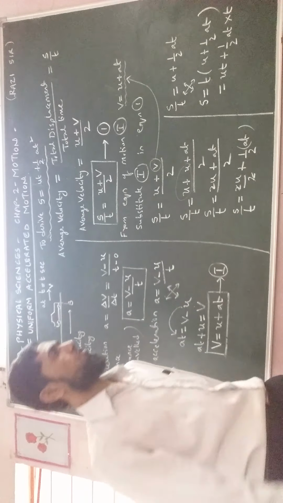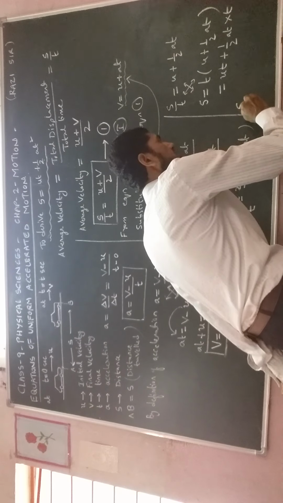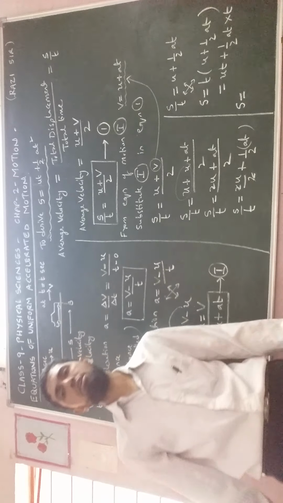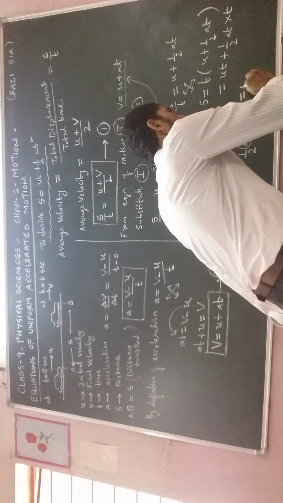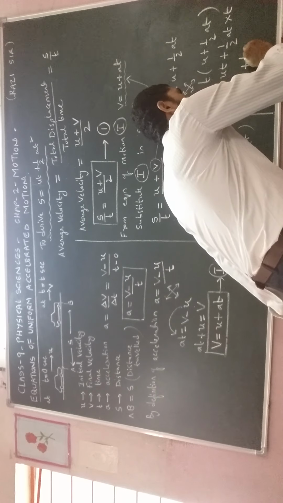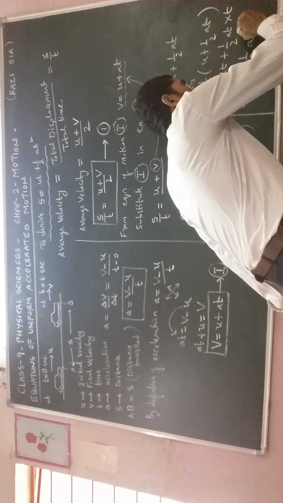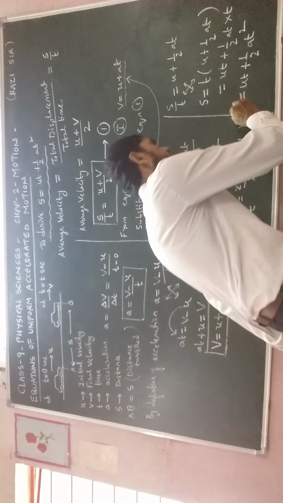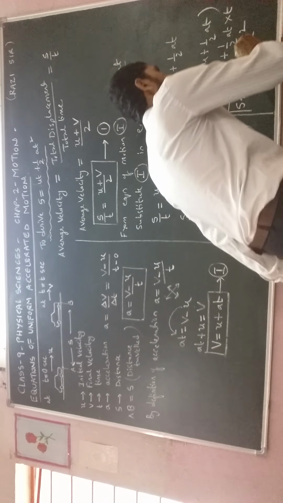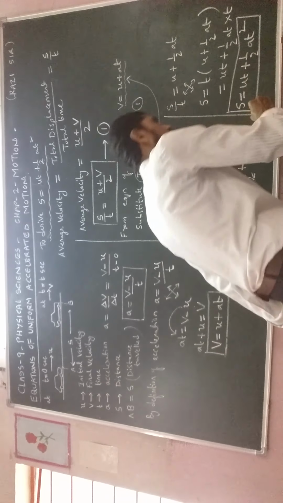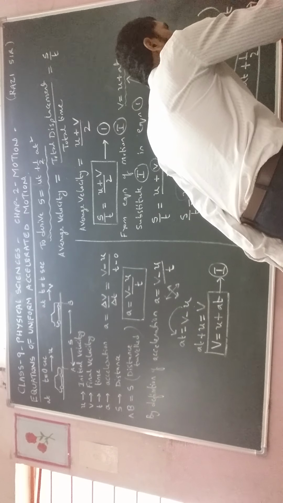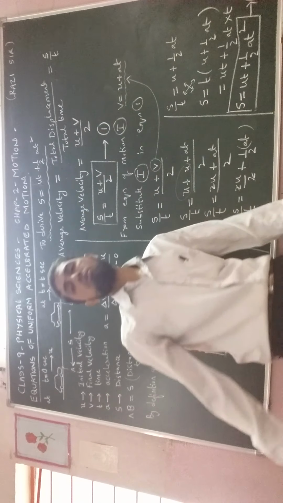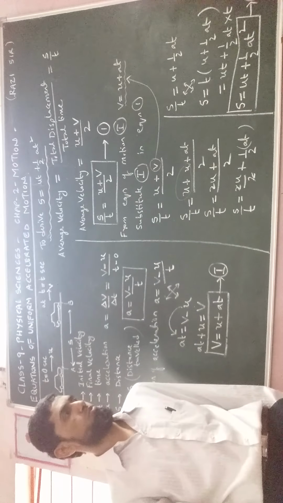So finally we get the second equation of motion, S equal to ut plus half at square. What is t into t? It is nothing but t square. So this is our second equation of motion. I am representing this by the Roman number 2.